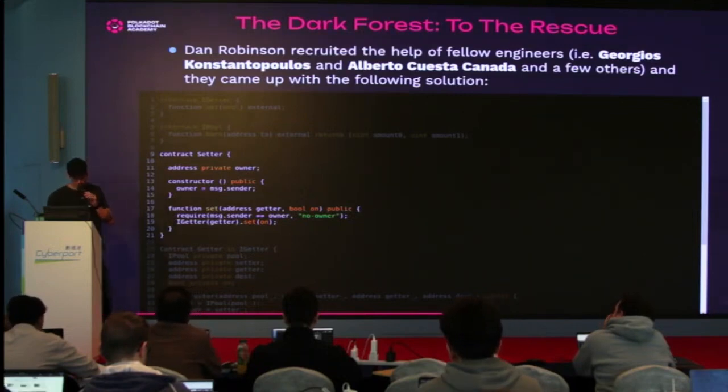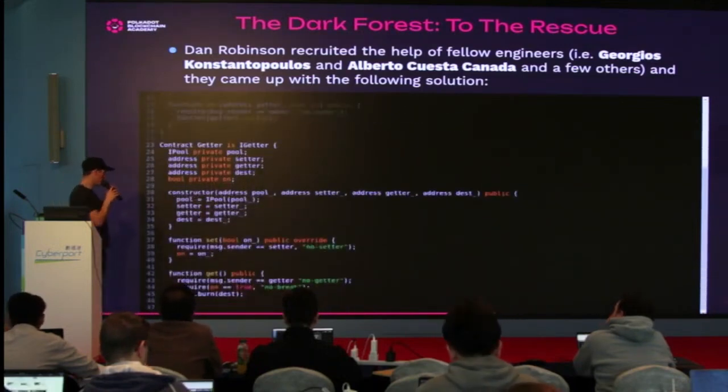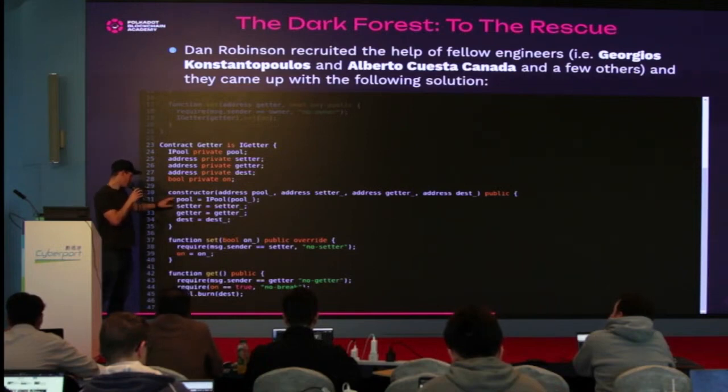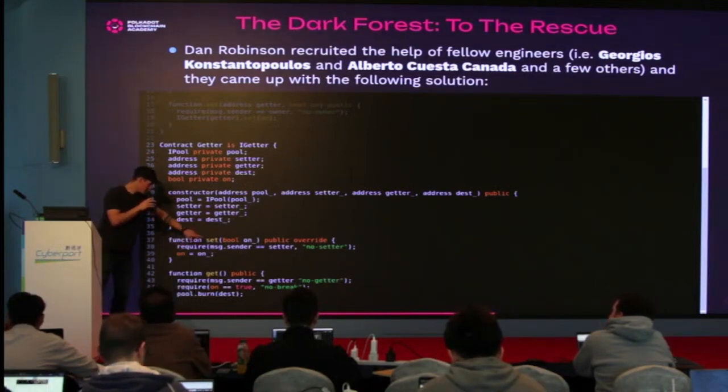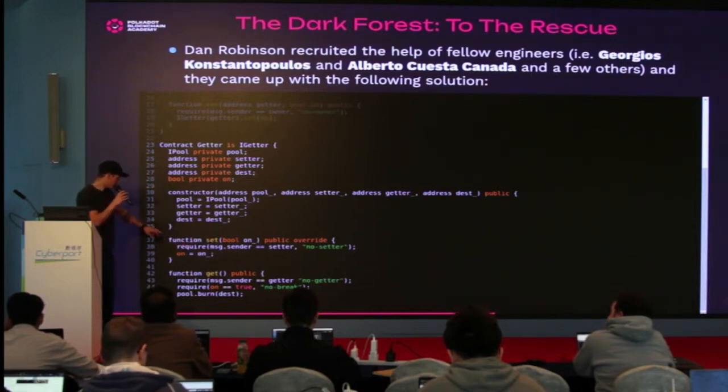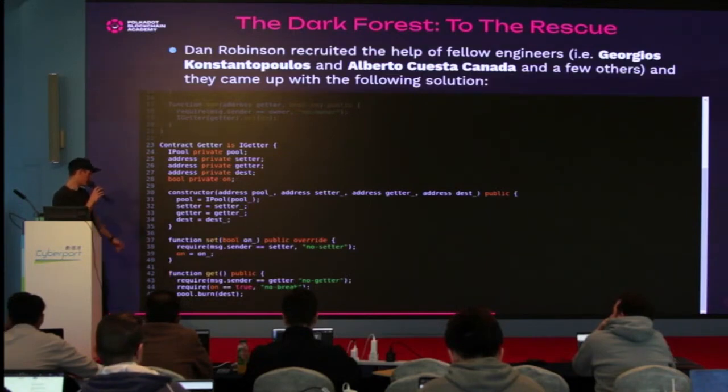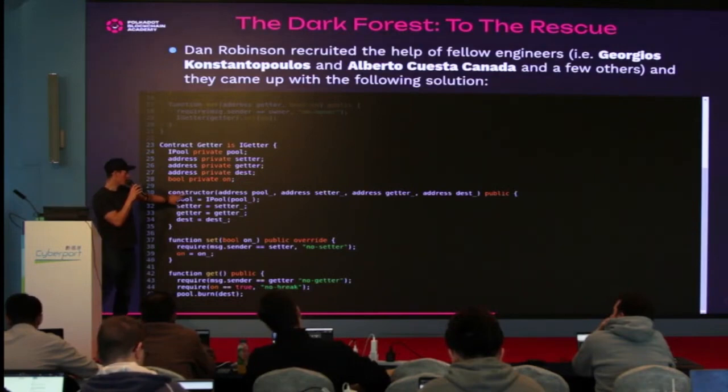The getter would be the other contract. So the setter calls this set function because it's the only address that can do that. At that point, it's on. If not, then this transaction reverts. But if it's on, it calls that burn function with the destination that's set in the constructor.